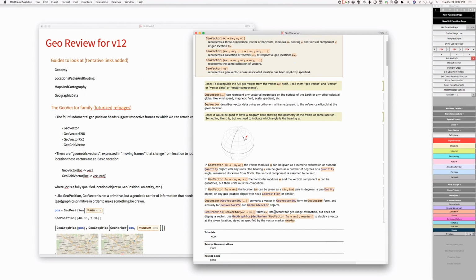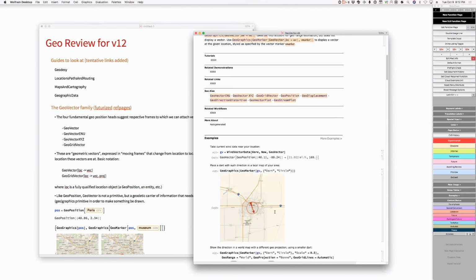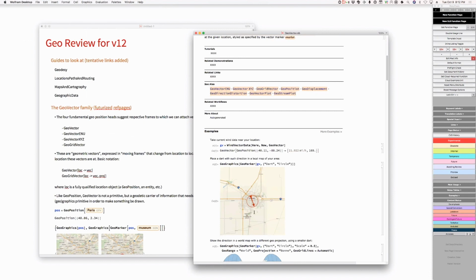Display vector. Okay, so let's talk about what this looks like. This extremely ugly object. I've changed the color to be the slightly darker red of GeoMarker. Okay, by the way, that 160, what the heck is that?